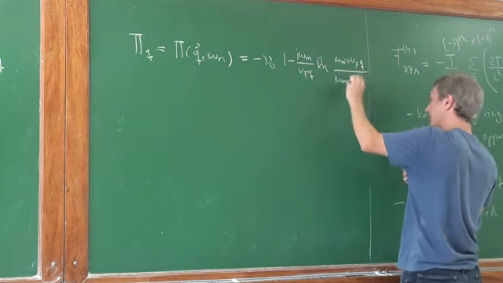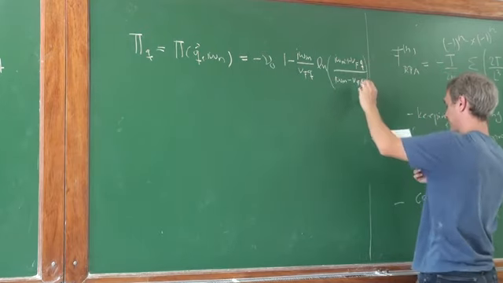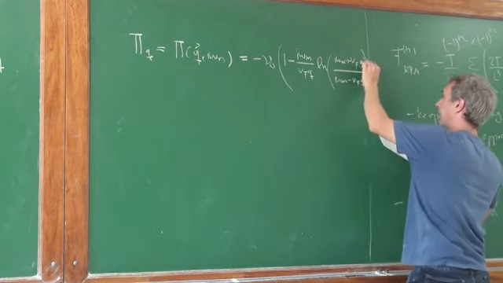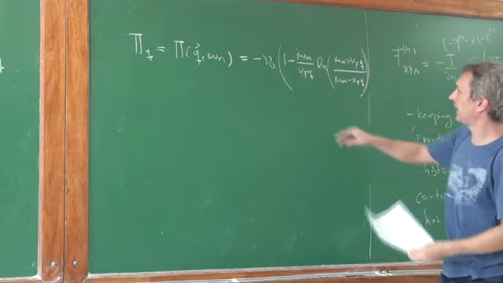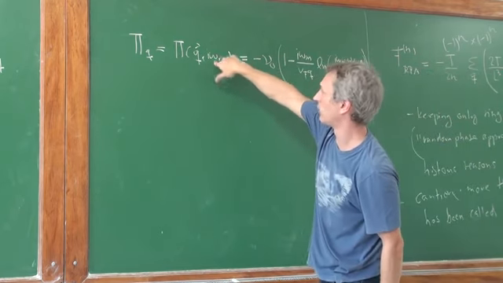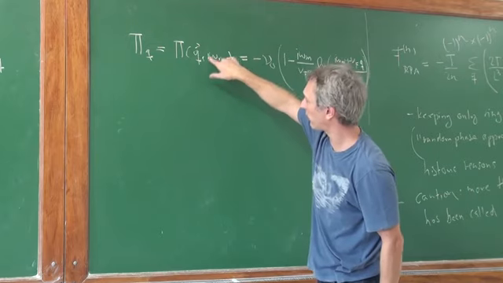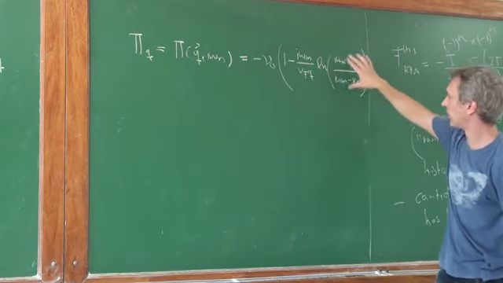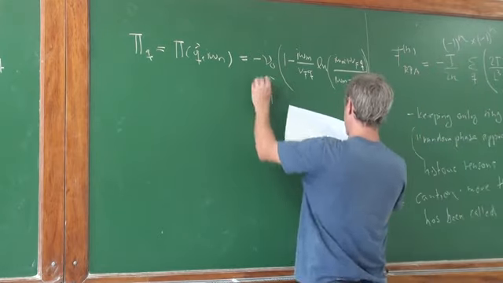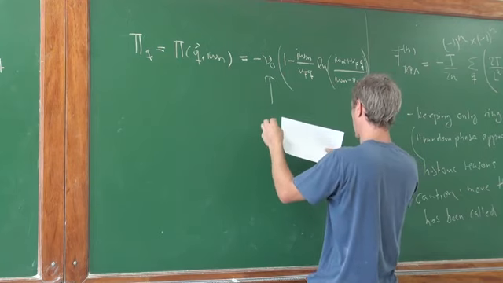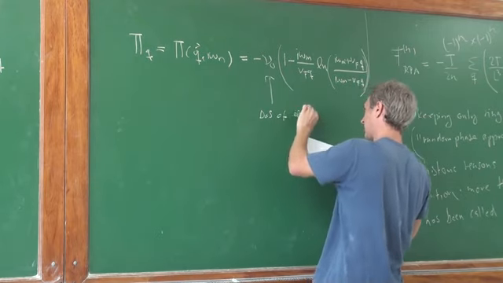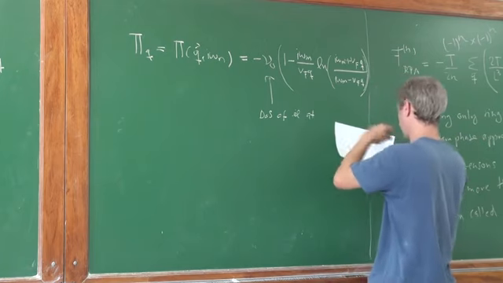But what you find is that this polarization operator in the 3D case can be expressed in the following form. So it's a function of the external frequency and momentum that enters it. You have the log, you have this prefactor, and this mu 0 is the density of states of electrons at the Fermi surface.